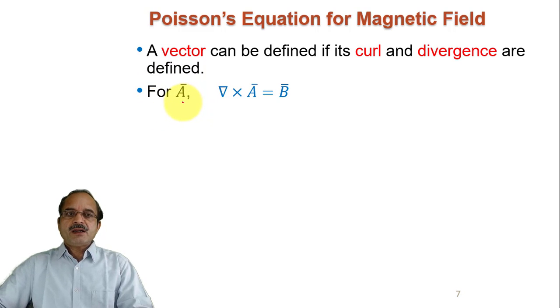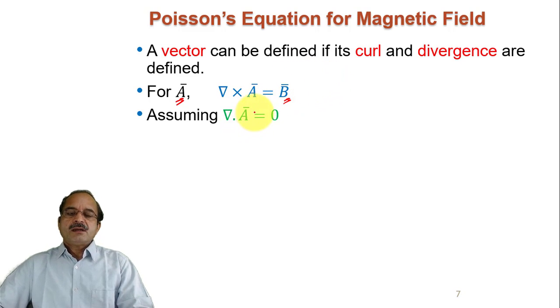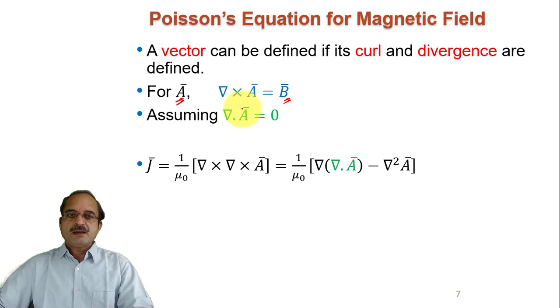So for vector A, which is vector magnetic potential, as we have seen earlier, curl of A is the magnetic flux density B. So that means curl is already defined. Now to define divergence, let us assume divergence of A is equal to 0. So this way we define curl as well as divergence for this vector A.